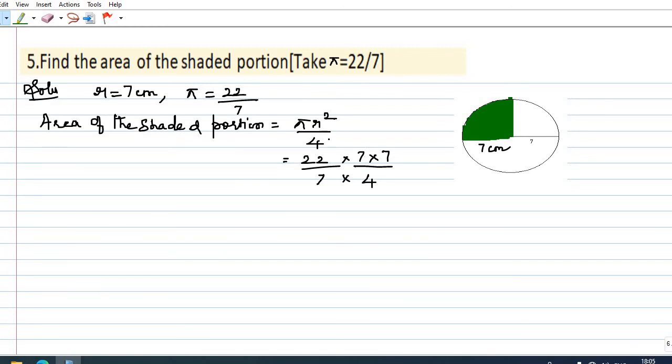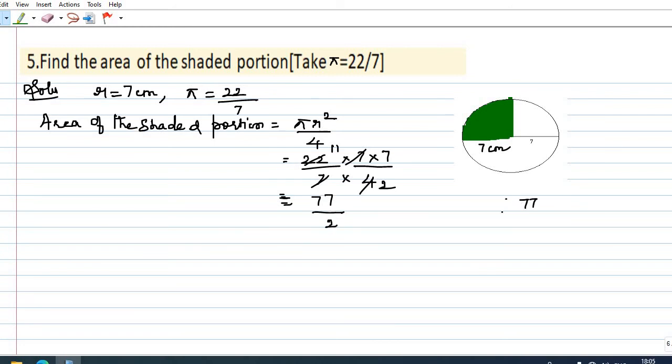So 7 into 7, and the quadrant, so for that I divide this by 4. Now listen, 7 getting cancelled. 22 11s are, and this is 2s are. Okay, now listen, 11 7s are 77. 77 divided by 2.